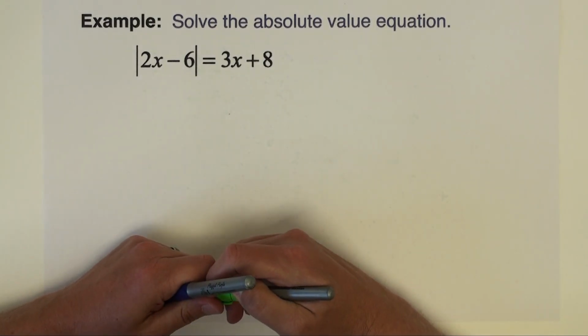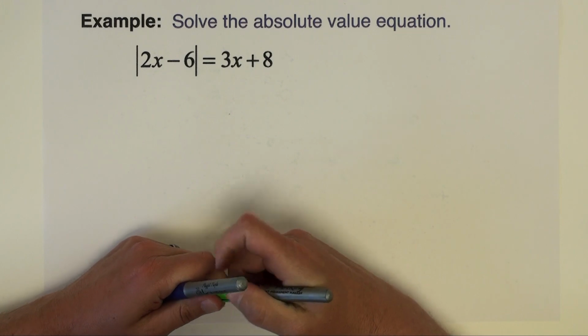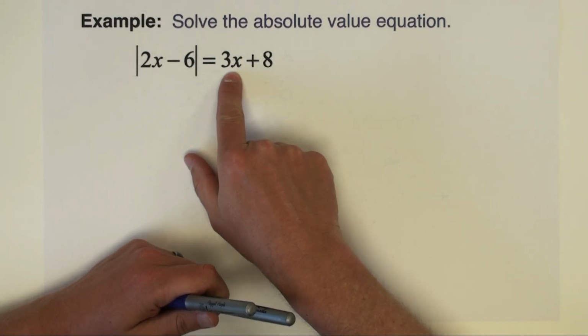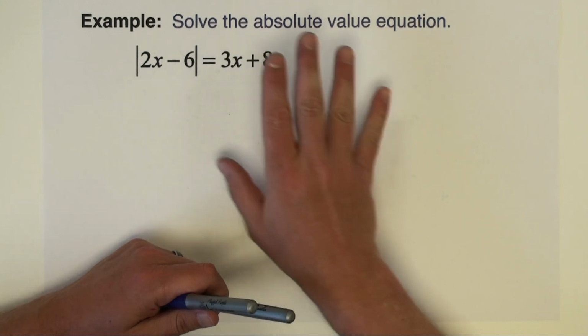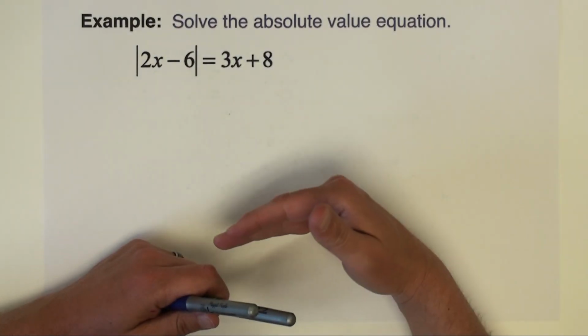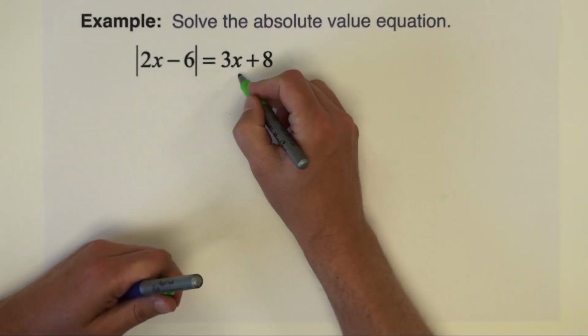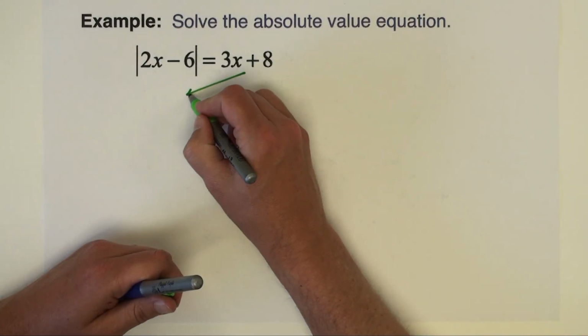Okay, our final problem in this extra practice video gives us one where we have the x on the inside and the outside of the absolute value bars. This is one of those where you're going to want to solve the equation and then check for possible extraneous solutions. So let's first begin by splitting this up.